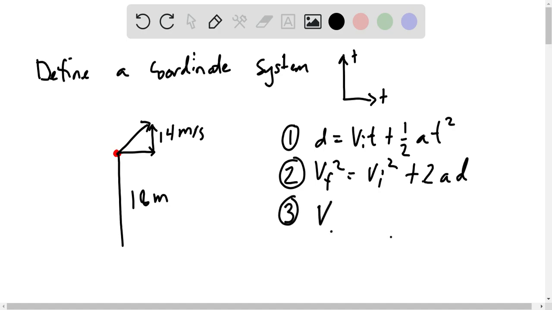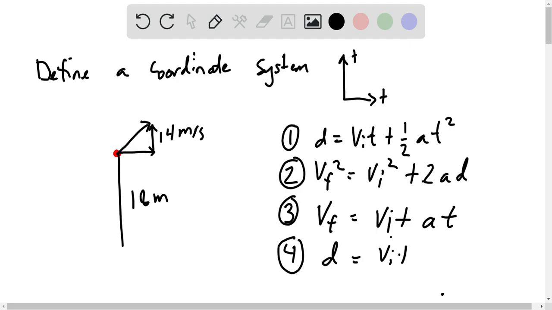We have vf equals vi plus at, and we have d equals vi plus vf over 2 times t. Okay, so now we wish to determine what was its initial speed.